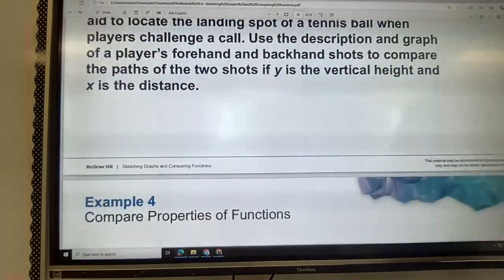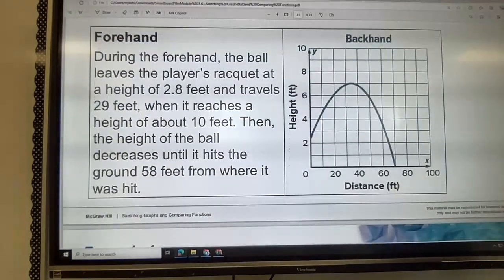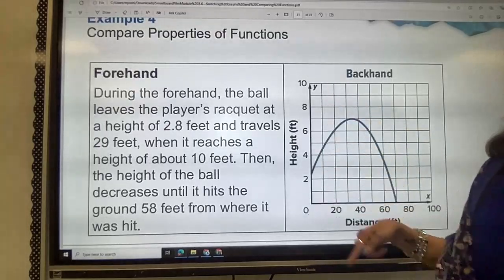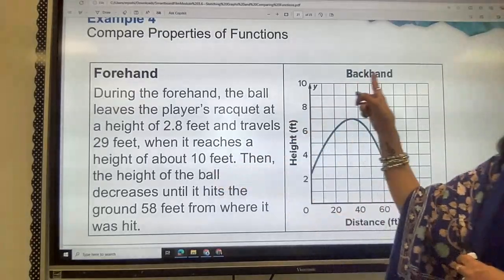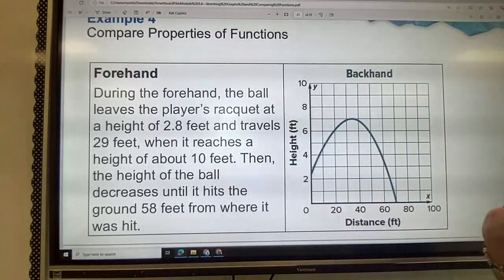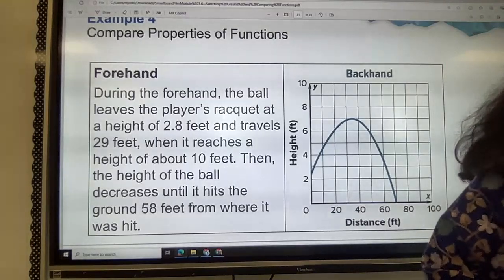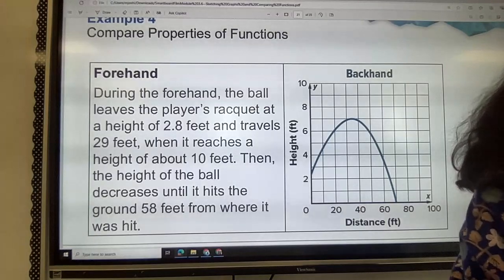So, let's look at this. This is the distance and this is the vertical height. Now we're talking about the forehand and we're talking about the backhand. And then we are comparing the properties of functions over here. Okay? So, let's look at this.